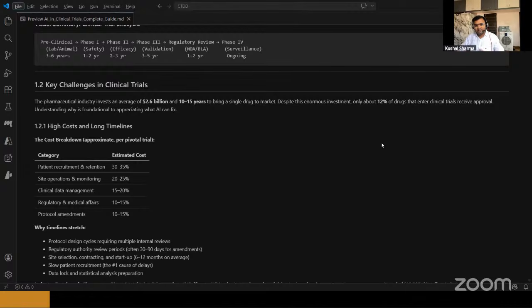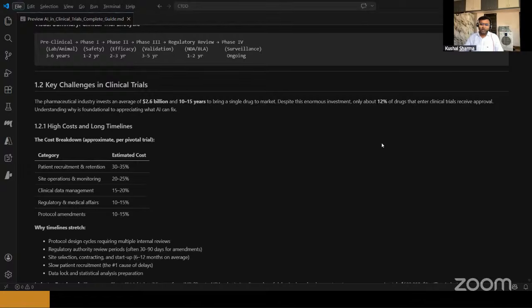You can imagine, just try to understand the cost which is getting involved, the number of years, 10 to 15 years, and only 12% of the drugs that enter clinical trial, they receive the approval. So why is foundational understanding why is foundational to appreciating what AI can fix.